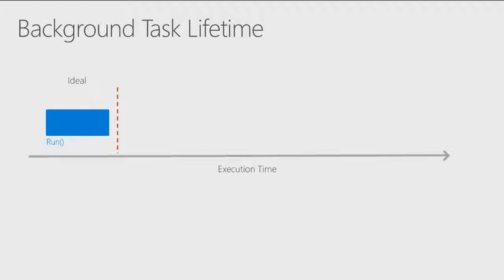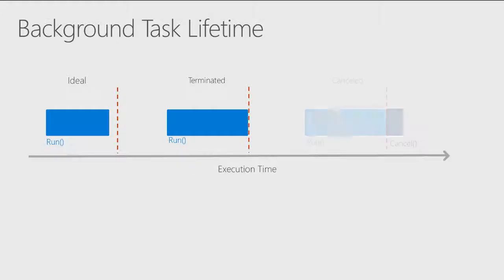Now, in an ideal situation, your background task run will start up, will run, and will complete before it hits any type of resource limitations. Now, we find that this isn't always the case. Sometimes when your run method runs a little too long, it could hit an execution time exceeded issue, or it could hit some type of memory or other resource issue.